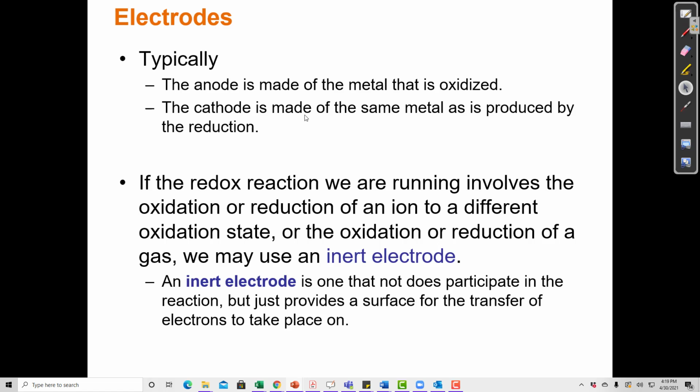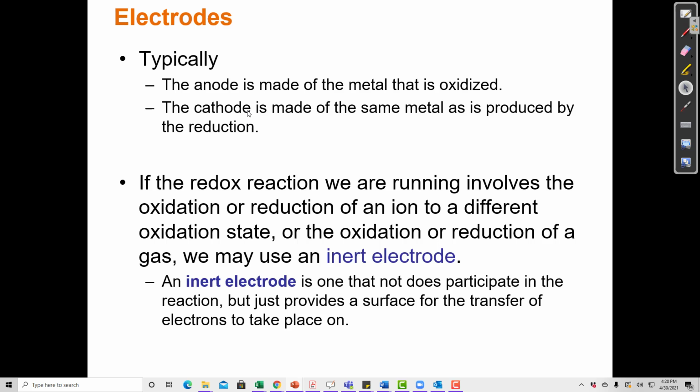The anode is typically made of the metal that is oxidized, and the cathode is made of the same metal that's produced by the reduction, but that's not always true. Sometimes the electrodes do not participate in the reaction. Sometimes the electrodes are what we call inert electrodes.